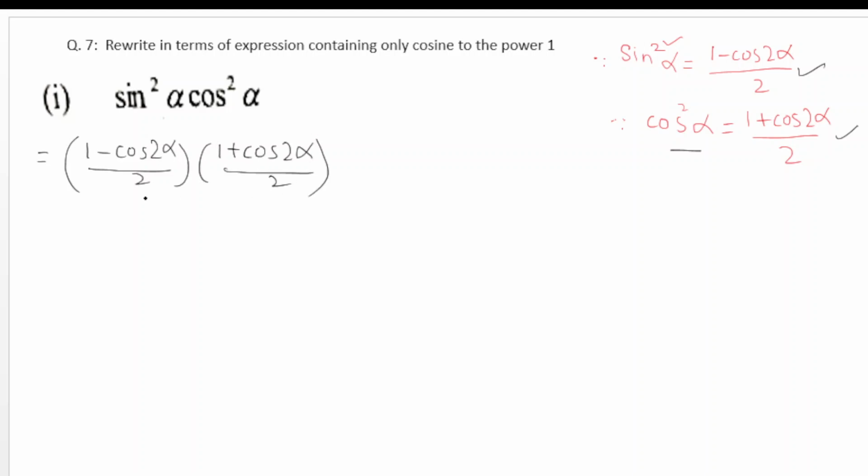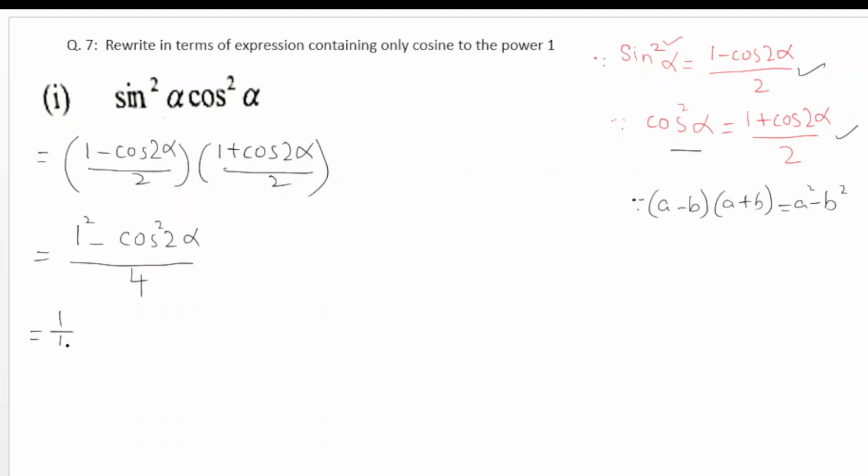When you see this in a proper way, it is a minus b and a plus b, so that is going to be a square minus b square. So let me write 1 square minus cos square 2 alpha by, 2 times 2 that is going to be 4. It's a simple way.